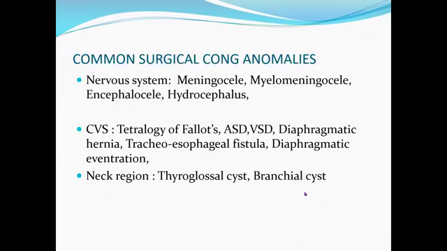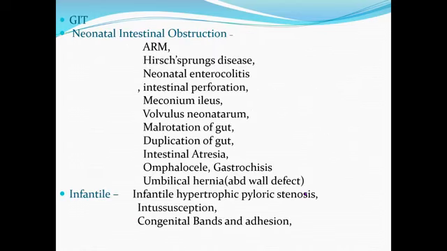Some congenital anomalies are here. Some common surgical congenital anomalies concern the nervous system, that is meningocele, myelomeningocele, encephalocele, hydrocephalus, and more importantly the gastrointestinal tract.